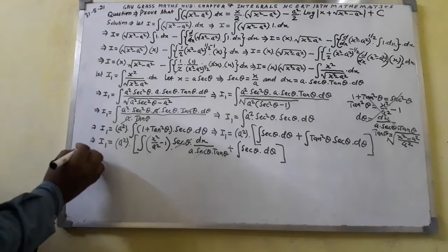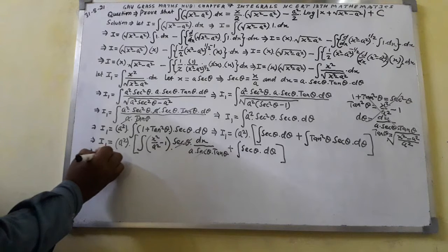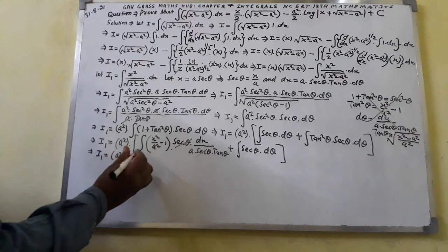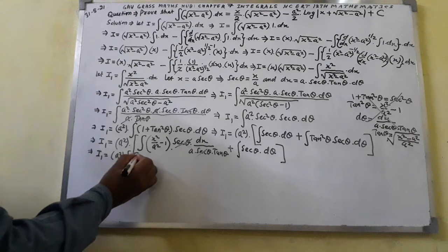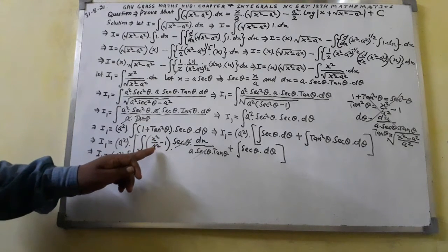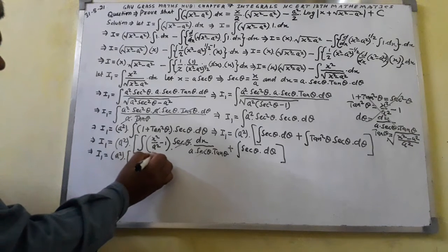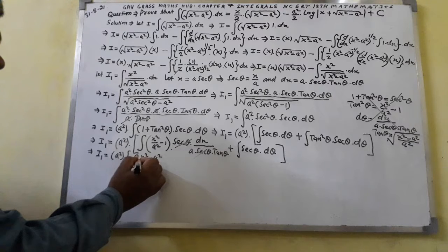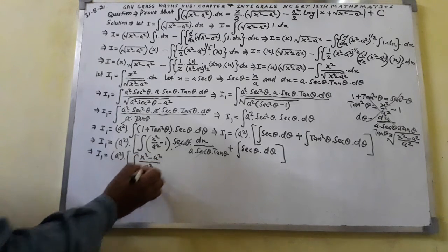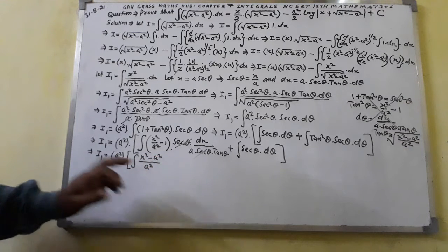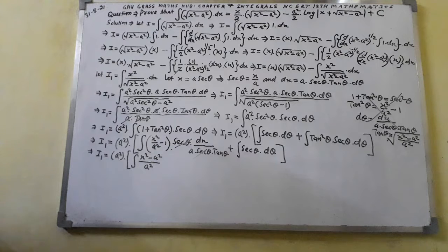So it will become, implies that I1 is equal to, here write a square integral x square over a square minus 1, which comes out to be x square minus a square over a square. X square minus a square over a square I shall write. And what will we do?